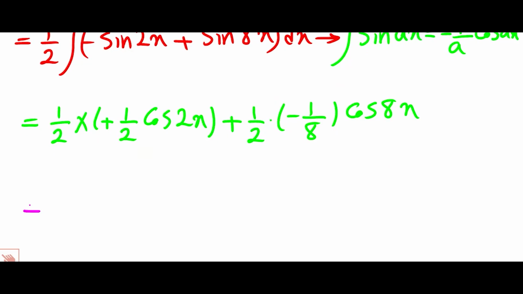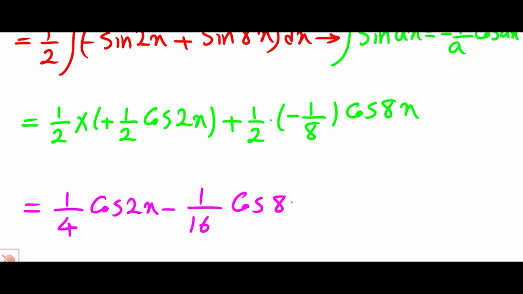So the final answer is positive 1/4 cosine of 2x minus 1/16 cosine of 8x plus c.